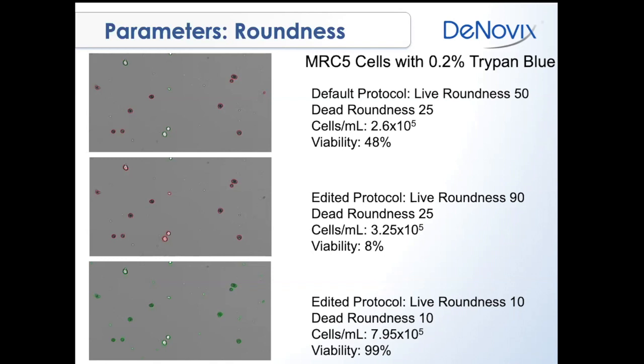You can see doing that for the live roundness how that changed the viability and the cells per mil compared to the original example. And then again, setting these to be very loose, everything can get counted as a cell. It more than doubles your cells per mil, and it sets your viability up to almost 100%.